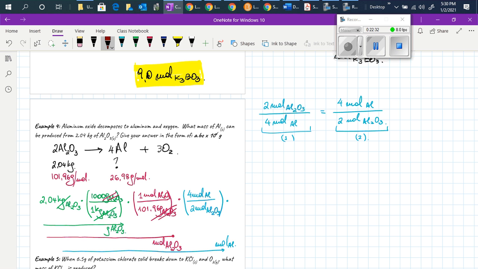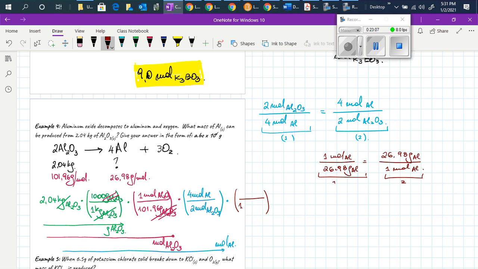So now, again, 1 mole of aluminum is 26.98 grams of aluminum, or if we have 26.98 grams of aluminum, then we have 1 mole of aluminum. The ratio that we will use here will be ratio 2, so this being 1 and this being 2, because we need to cancel out the moles of aluminum.